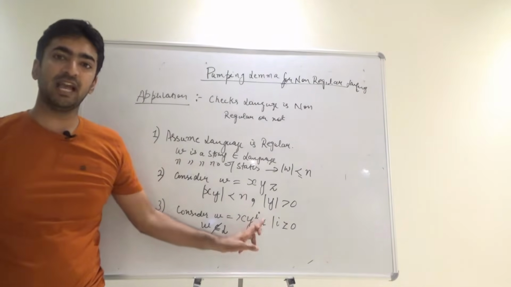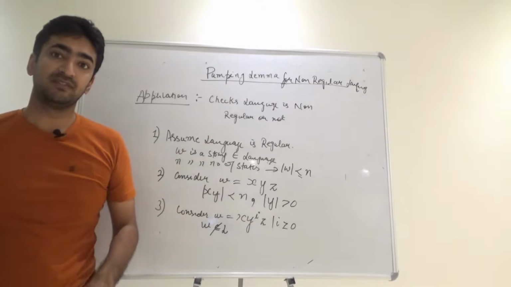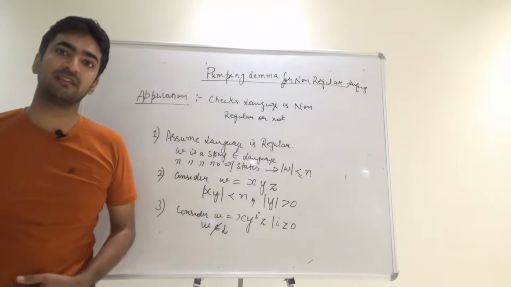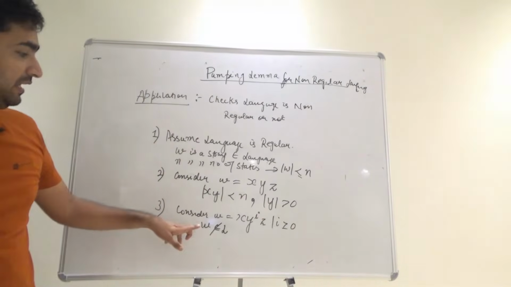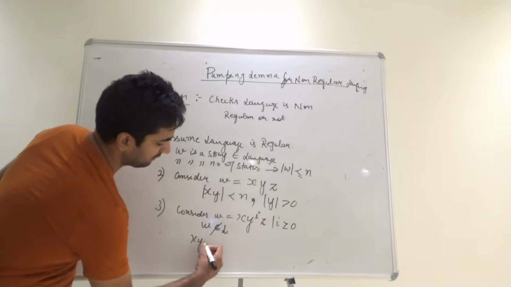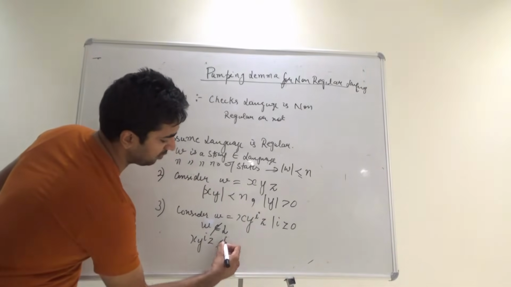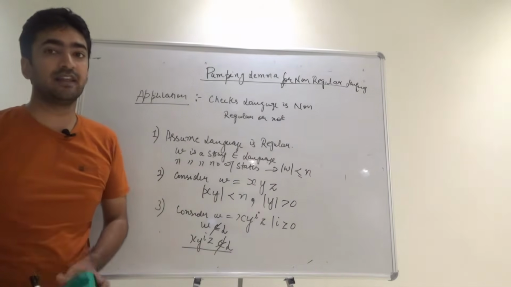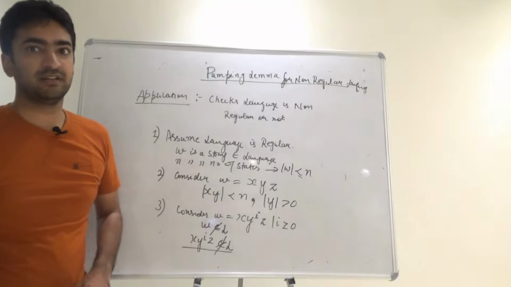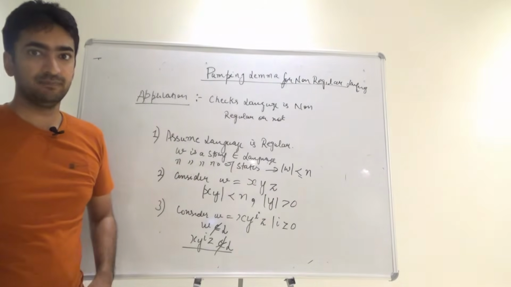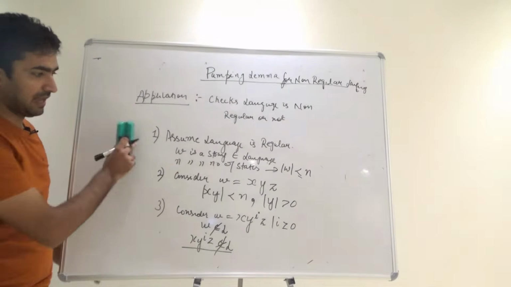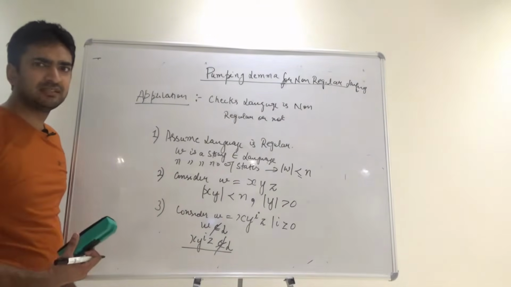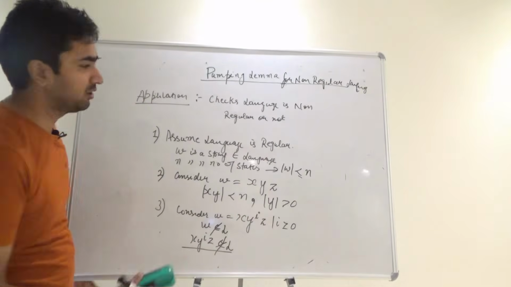So if X, Y power i, Z doesn't belong to this language, it means the assumption that we have made is entirely wrong, and we can continue with the next part. That is what the application of pumping lemma is all about, and we'll take 2 or 3 examples and prove that the language is non-regular.